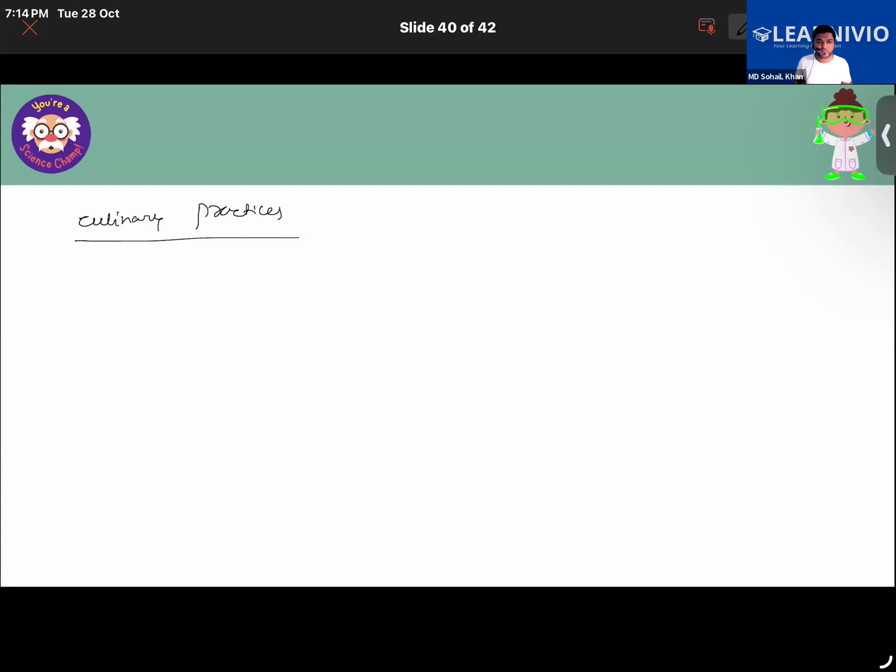They would be using a chulha, that is made up of clay and straw. But nowadays we use stoves, electric stoves, LPG stoves.